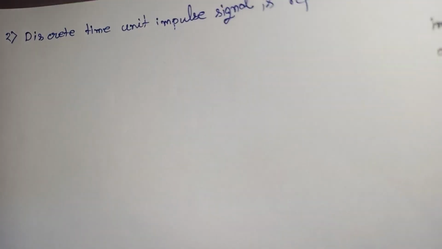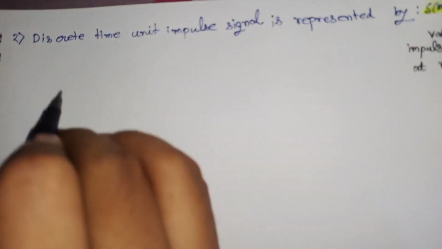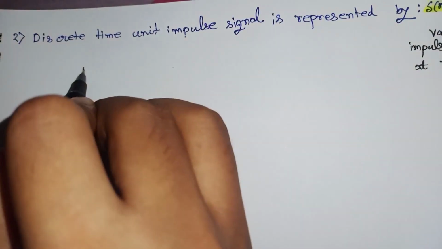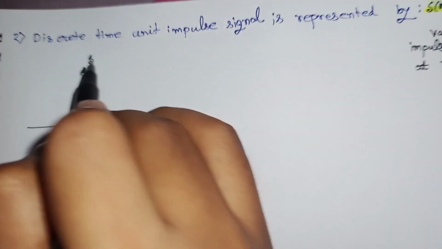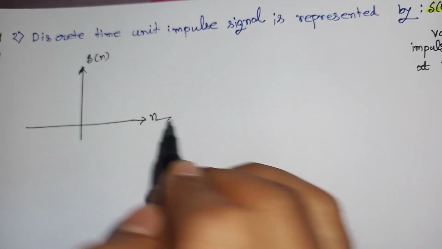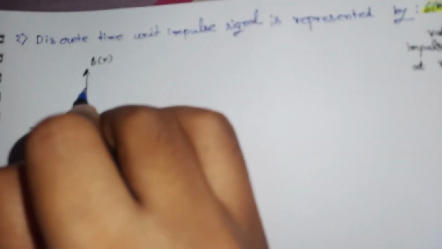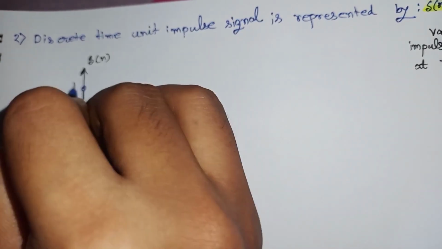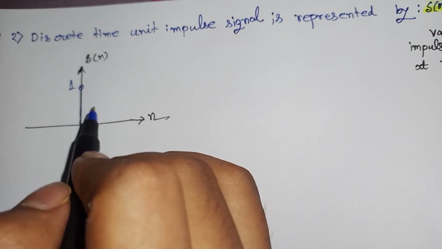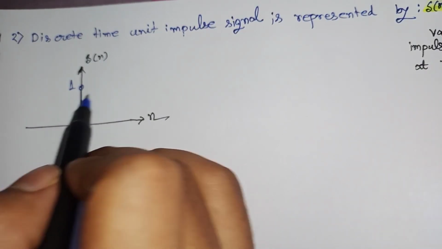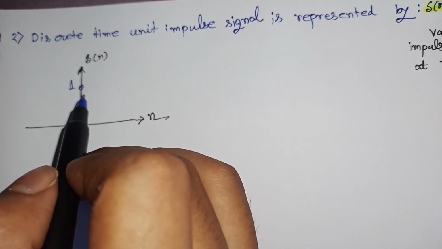Graphically, if we represent it, then it will look like this. This value is 1. Make note that I have said this value for del n, and for del t I have said it is the area.